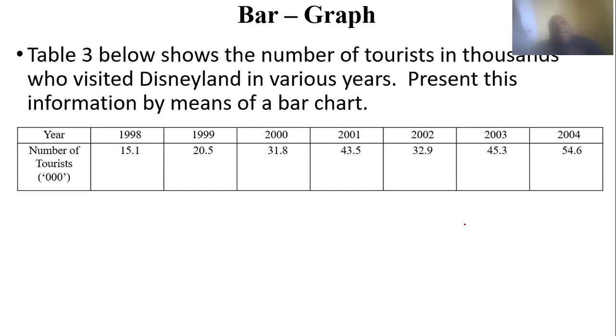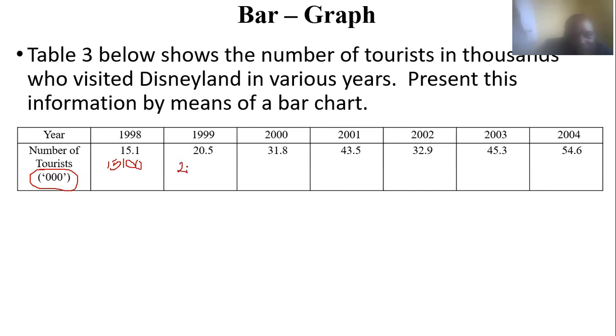And in organizing data, you can see one thing here is that this data is represented as 15.1. But when you come to the narration here, we are being told these three zeros. These three zeros are actually telling us that this data being presented here is in thousands. So it means that what we have here is 15,100.